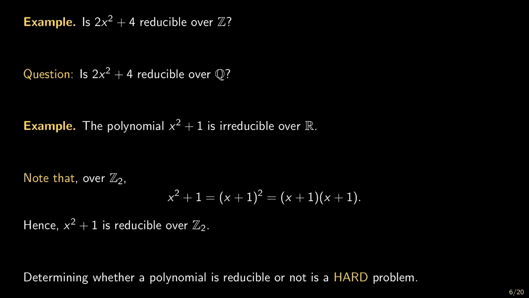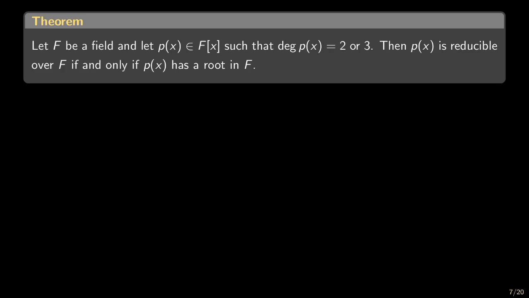So, as you may have noticed, determining whether a polynomial is reducible or not is a hard problem. Of course, the next question is how can we make it easier? So first we have a theorem, but this theorem covers only those rings of polynomials where the ring of coefficients are fields.